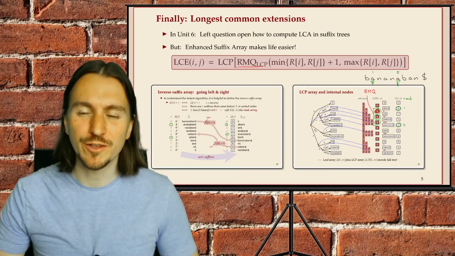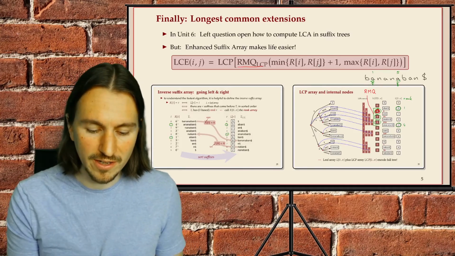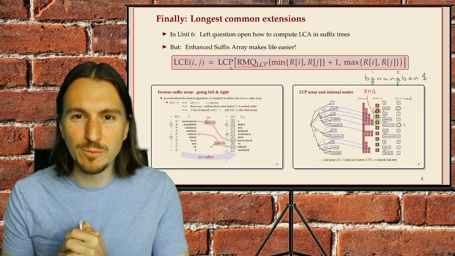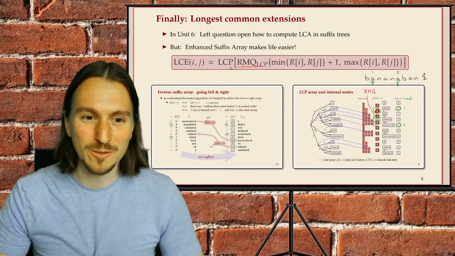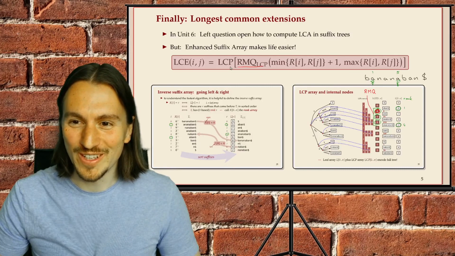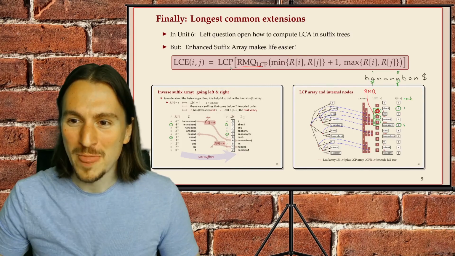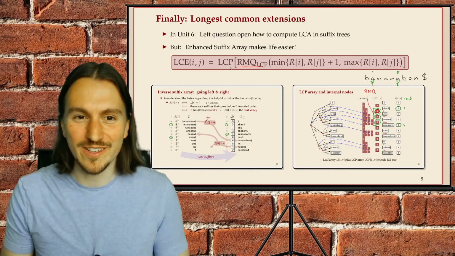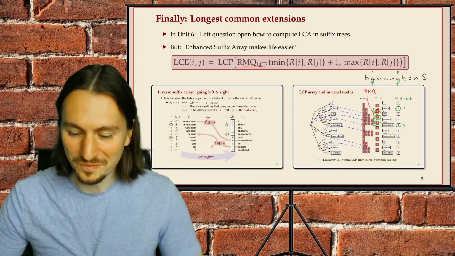This doesn't need the suffix tree anymore. The only thing we need is the inverse suffix array and the LCP array. And we've seen in Unit 6 already how to compute both in linear time with reasonable algorithms that you could implement in, well, say a few days or weeks of concentrated effort. But it's not too crazy, and there are implementations available in libraries that one can use.